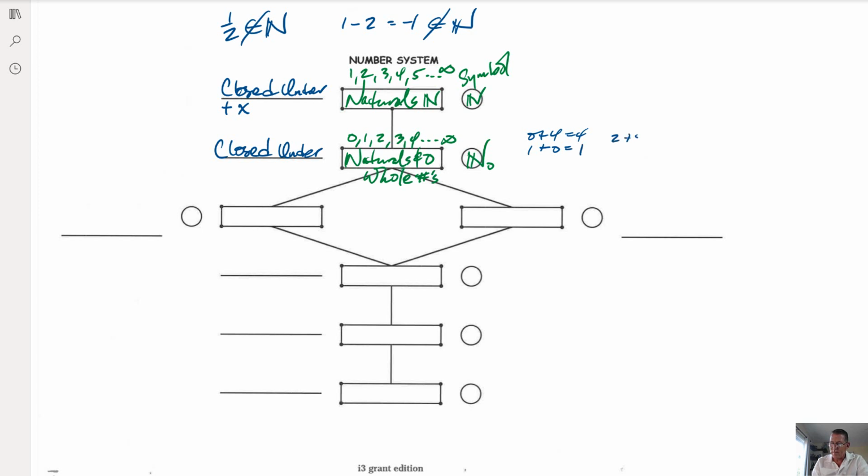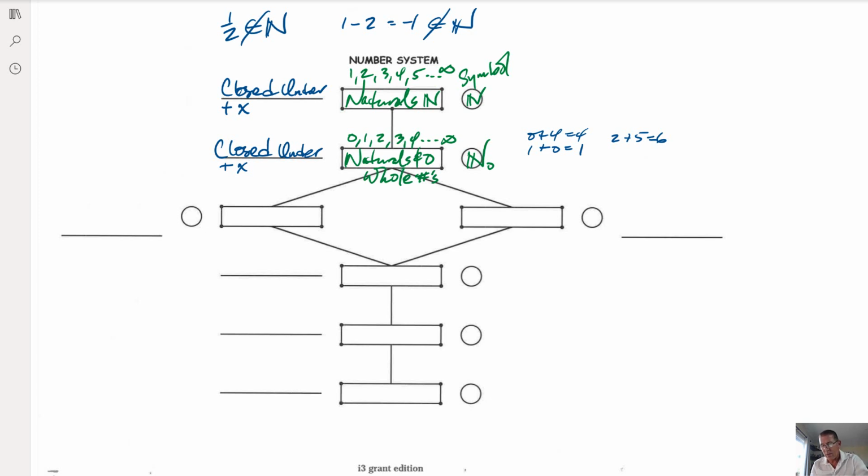And 2 plus 5 is 7. Those are all natural numbers, they're in the set, so it's closed under addition. It's closed under multiplication as well. Same thing applies: 0 times anything is 0, that's still in the set. 1 times anything is the number, that's in the set, and so on. But it's not closed under division, and it's not closed under subtraction, for the same reasons as above.